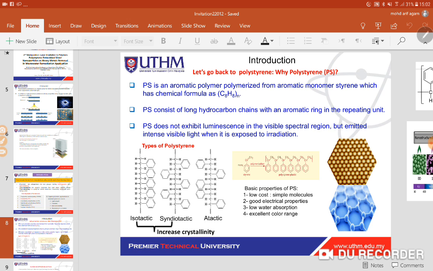So basically, using polystyrene is very low cost. It is a simple molecule. So whenever we make any changes to this, we understand that only carbon and hydrogen are involved. And of course, it also has good electrical properties, which is usually they are insulators, low water absorption, and excellent in color range.